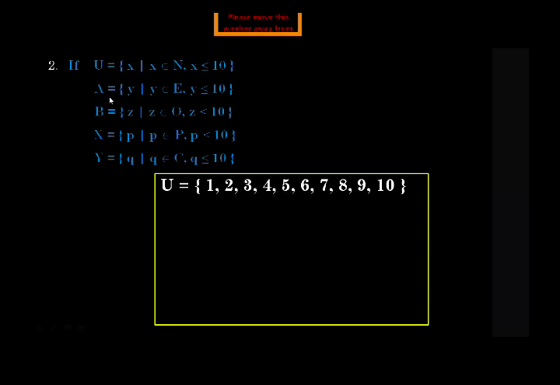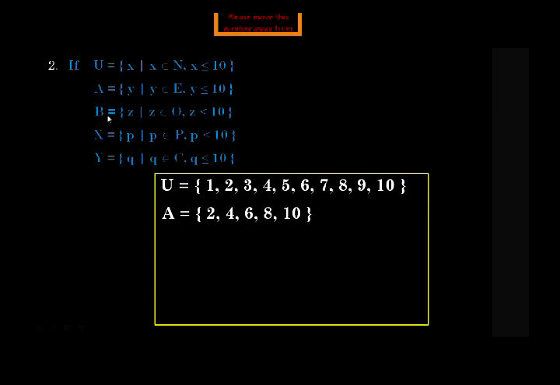Come to the second one. Y such that y belongs to E, where E represents even numbers, y is less than or equal to 10. It means we have to write down the even numbers which are less than or equal to 10. So the even numbers up to 10 are 2, 4, 6, 8 and 10.